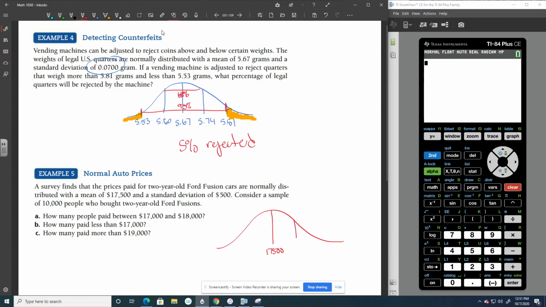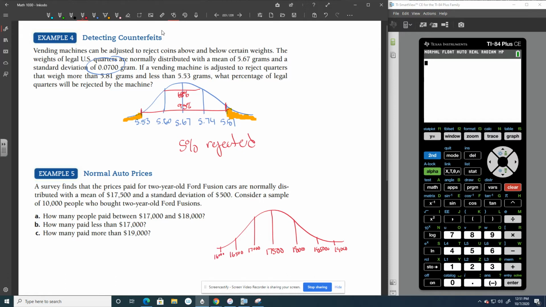So 1 standard up is going to be 18,000, another standard up is going to be 18,500, and another standard up is going to be 19,000. And going to the left, 1 standard deviation down is going to be 17,000, 2 standard deviations is going to be 16,500, and 3 standard deviations is going to be 16,000.